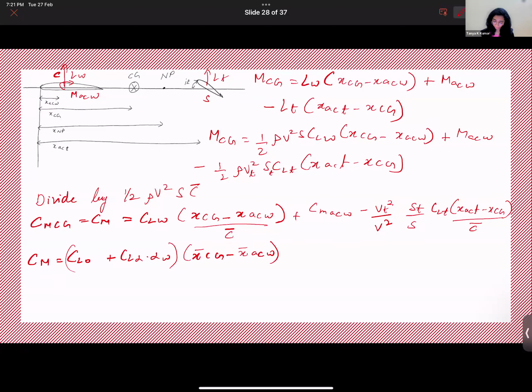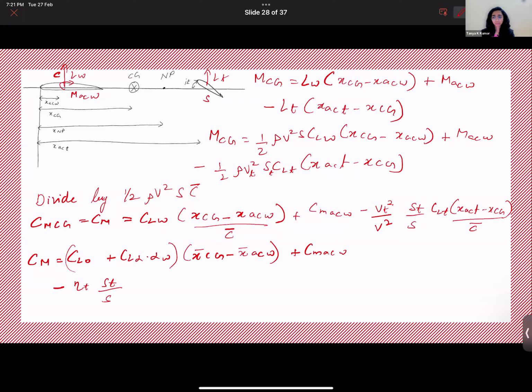This will remain the same: CM AC wing minus VT square by V square, which is represented by the efficiency factor, so just write eta T, then ST upon S, CL tail. How do you expand that?